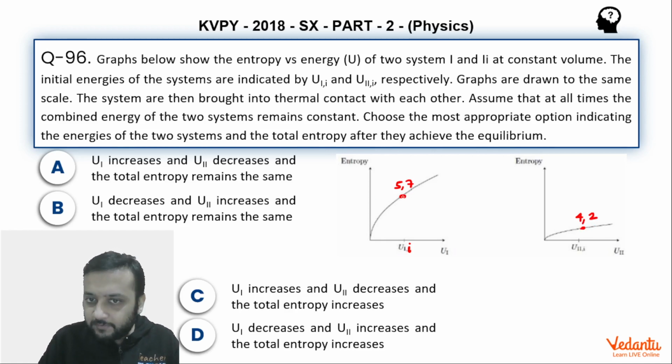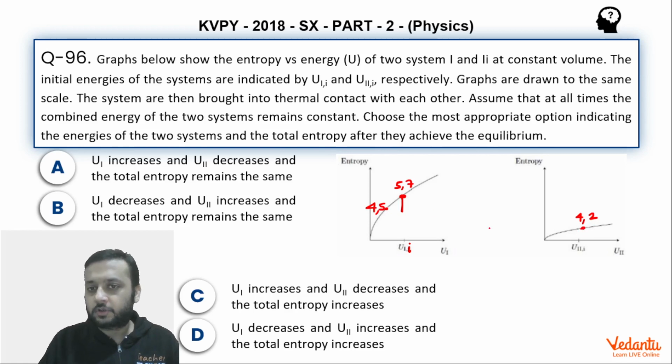Now if system 1 goes in the backward direction, let's say its energy decrease is 1 unit, so it becomes 4, and its entropy decrease is 2 units, so it becomes 5. So this has come to 4,5.